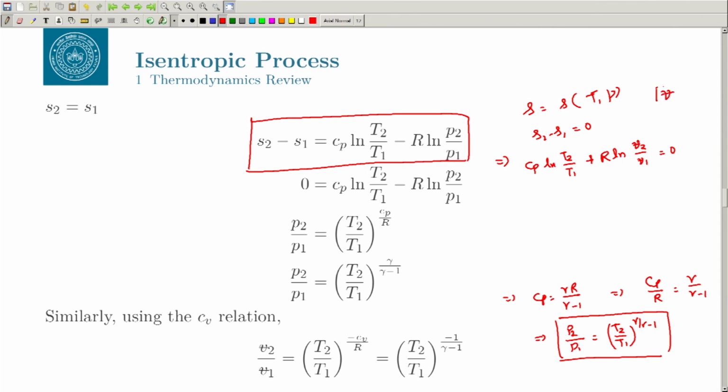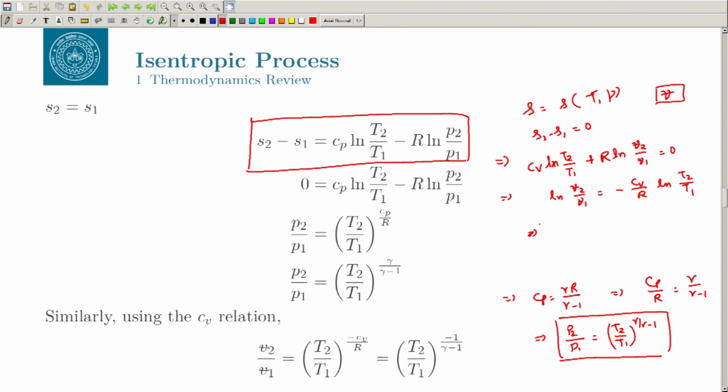This is the symbol that I am using for specific volume. So, you can also do this with Cv by R. So, ln V2 by V1 would be minus Cv by R ln T2 by T1.